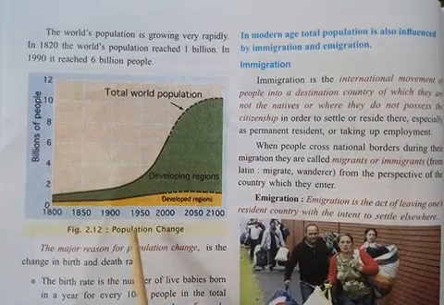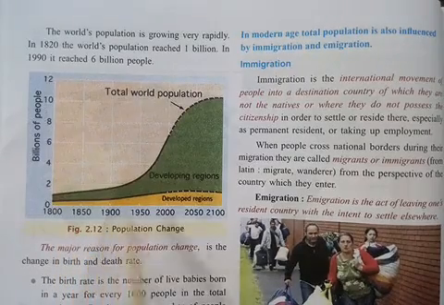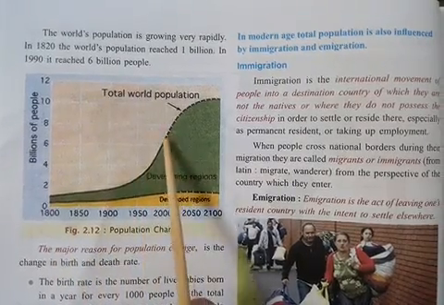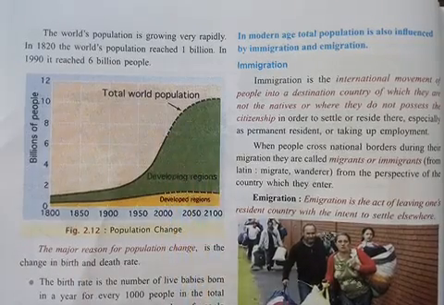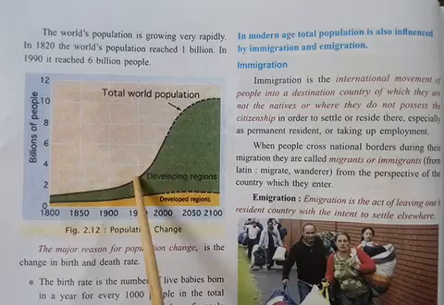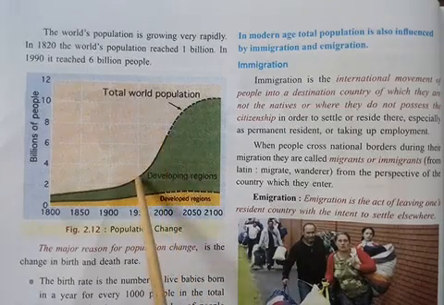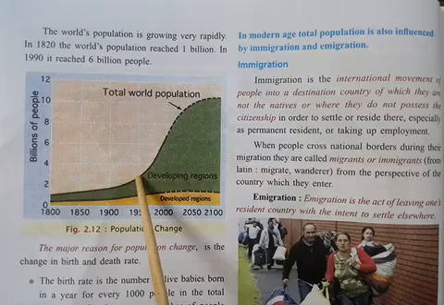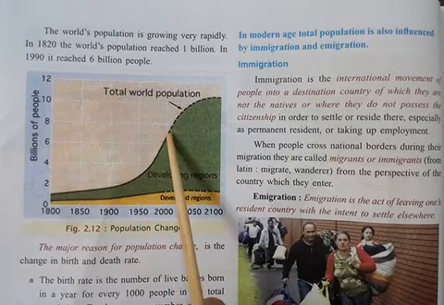The birth rate increases very rapidly, and during this time the mortality rate also decreases, and that shows a very rapid increase in the population. So from 2.7 billion this population goes up to 7 billion.